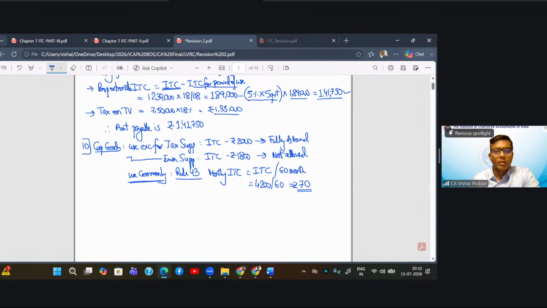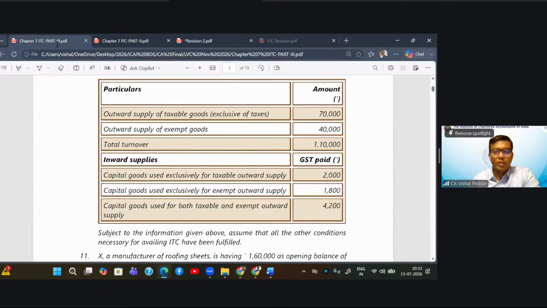Now, proportionate ITC for exempt goods. It will be monthly ITC into exempt turnover upon total turnover. So monthly is 70 into, now students, what is our exempt turnover?